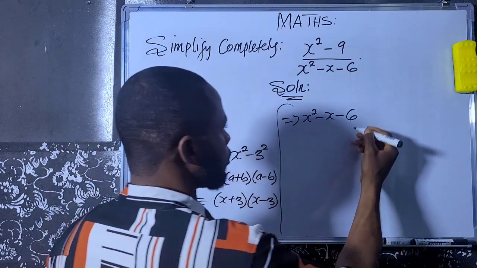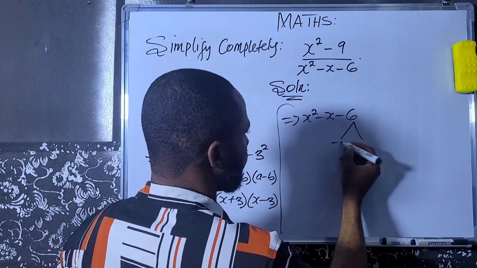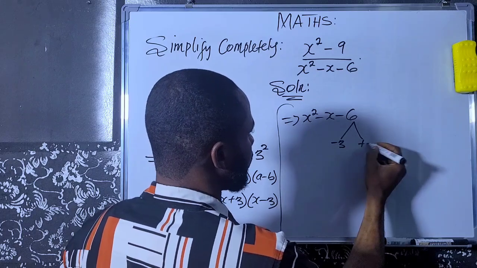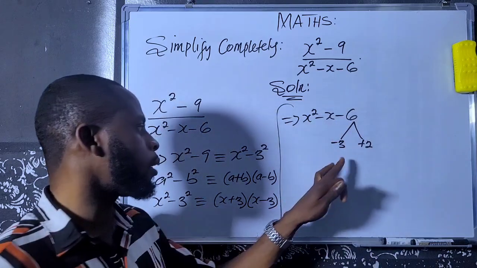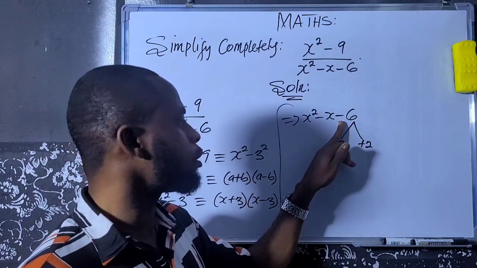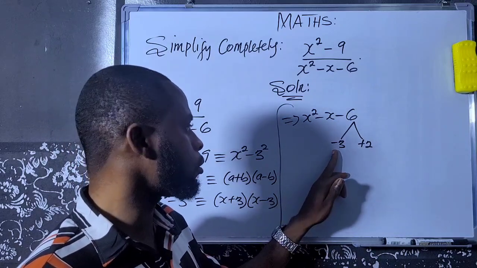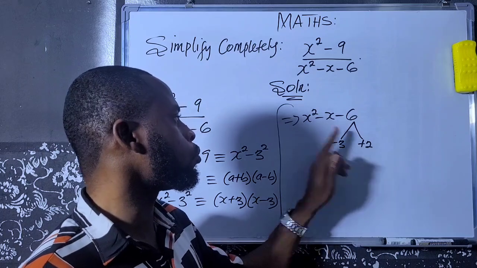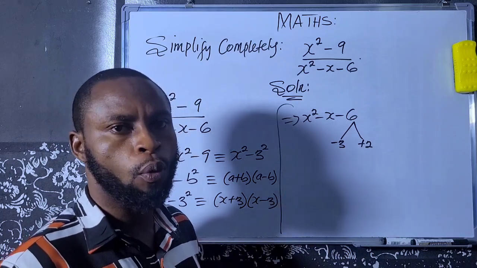Now, let these factors be minus 3 and plus 2. If you multiply, minus 3 times plus 2 gives minus 6. If you add up minus 3 plus 2, that will give you minus 1.